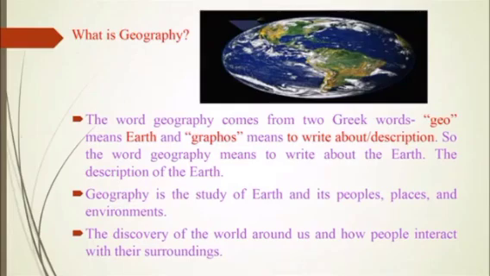So the word geography means to write about the earth, in other words, the description of the earth. Geography is the study of earth and its peoples, places and environments, the discovery of the world around us and how people interact with their surroundings.